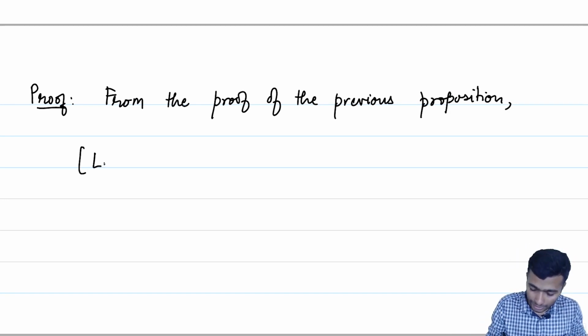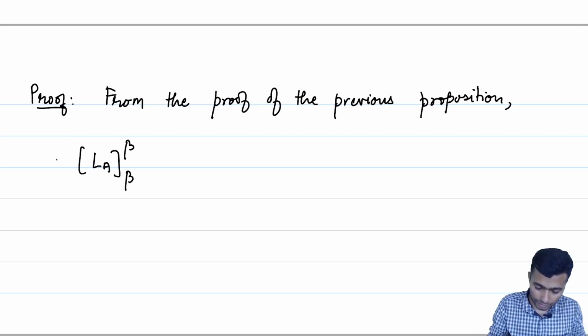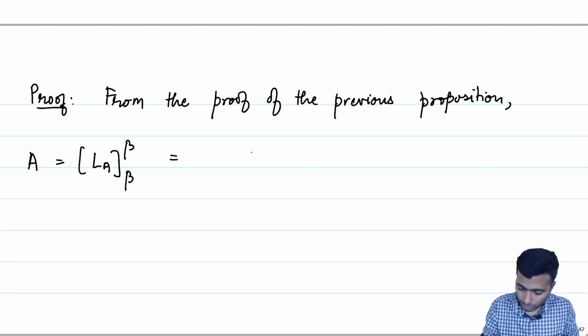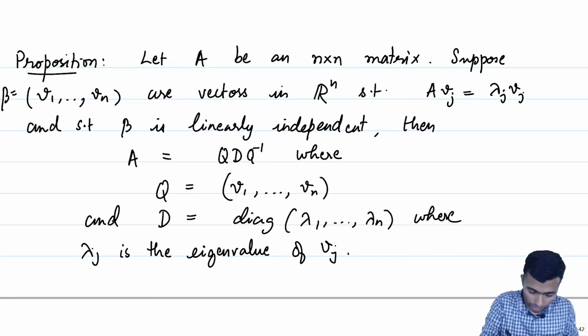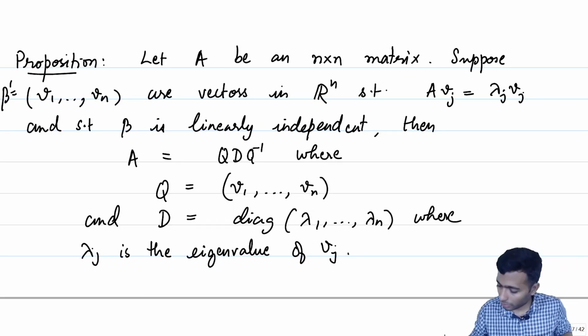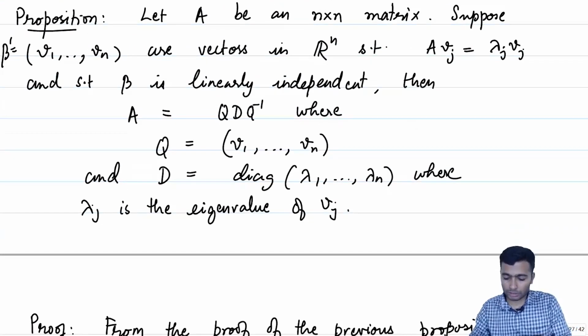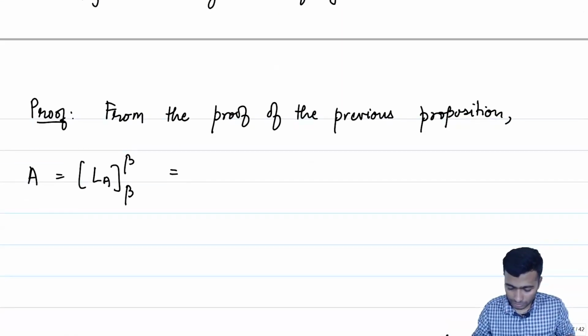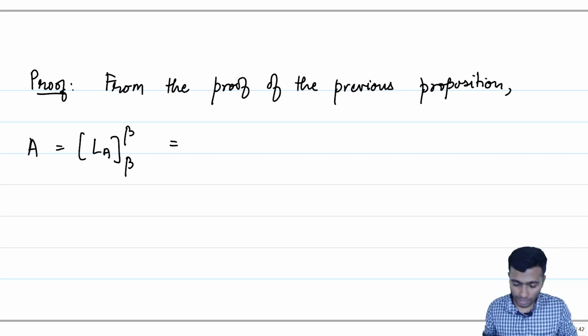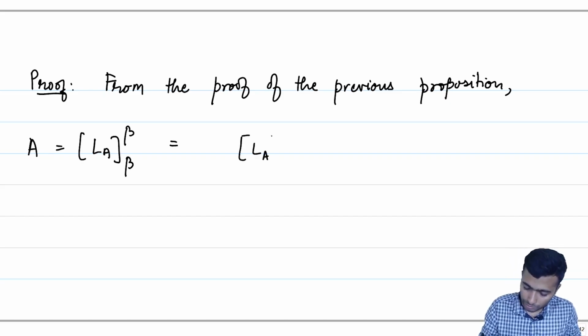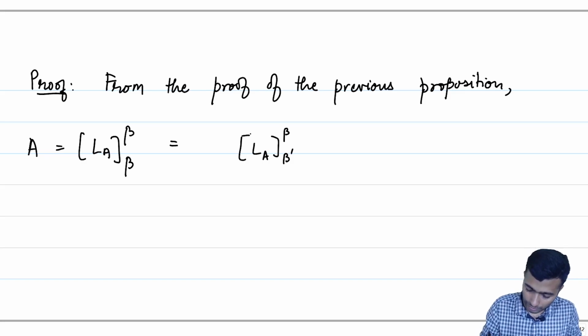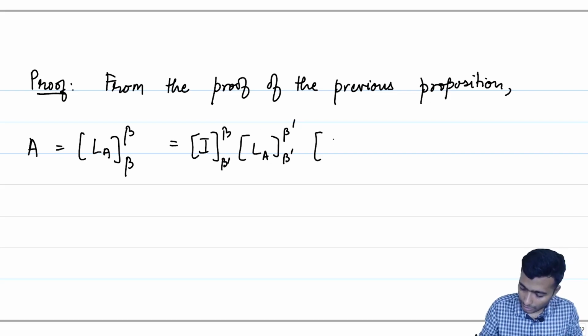We have L_A beta beta, which is our matrix A. This is equal to, what did we call this thing? Let us call the ordered basis beta prime. Notice that this being linearly independent forces it to be a basis, because it is n linearly independent vectors in a vector space of dimension n. So, this will be equal to I beta prime beta, L_A beta prime beta, and I beta beta prime.